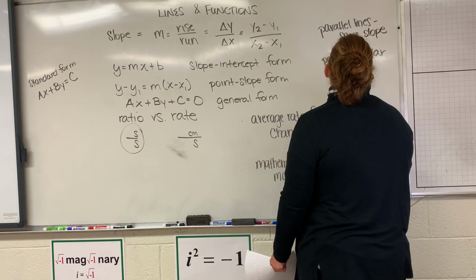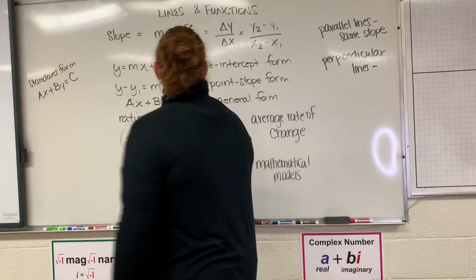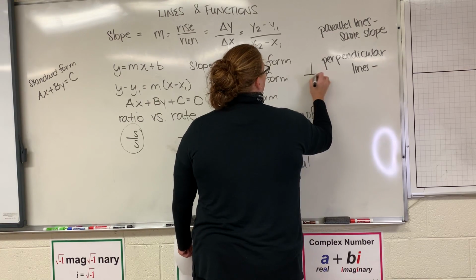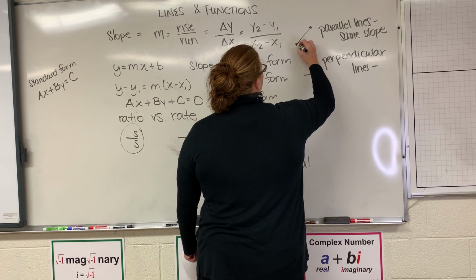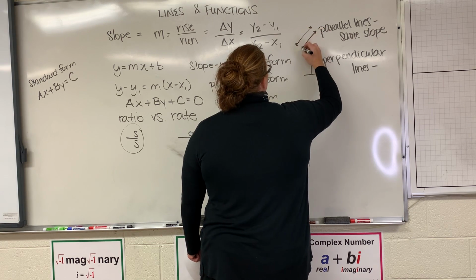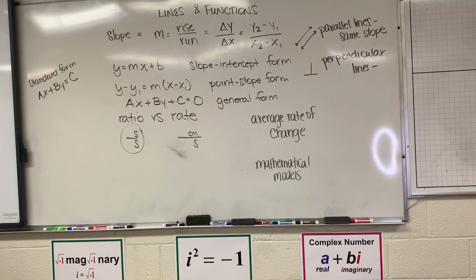Perpendicular make a 90-degree angle. And then these have the same slope because what's the definition of parallel lines? Two lines that will never intersect, right? And the only way for that is if they have the same slope. So what about perpendicular lines with this 90-degree angle?